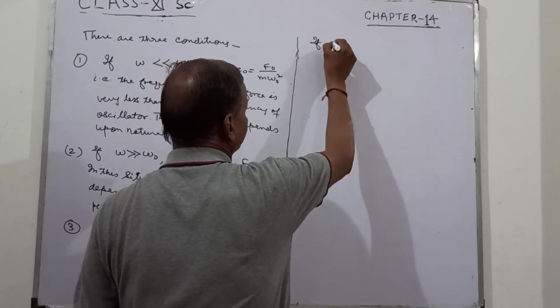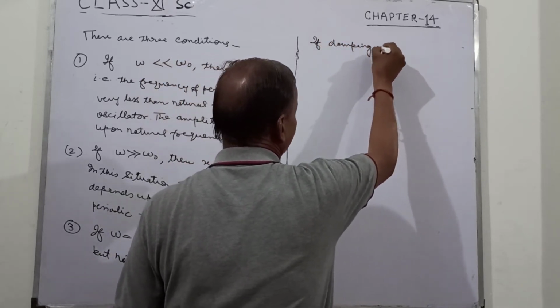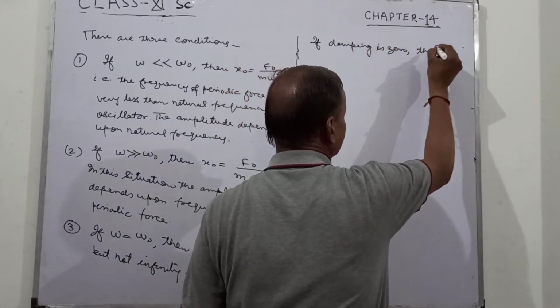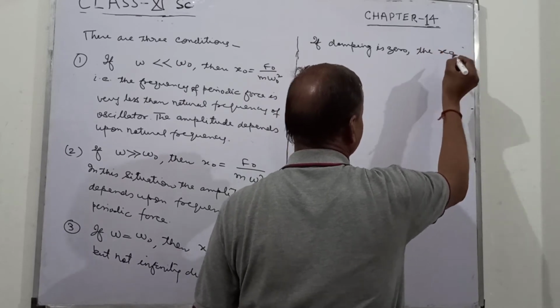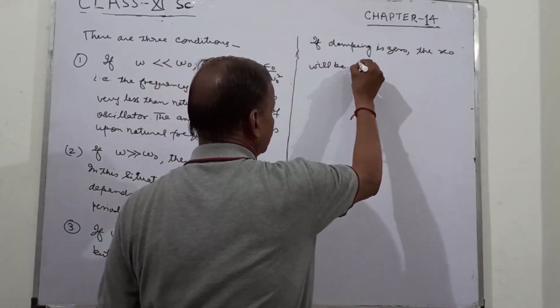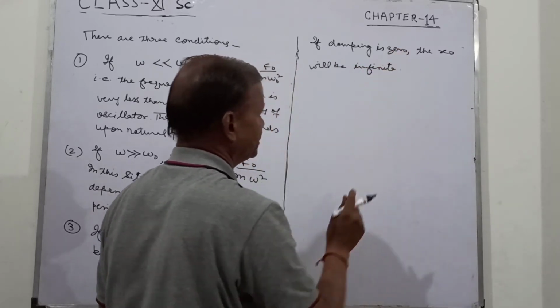If damping is 0, then x naught will be infinite.